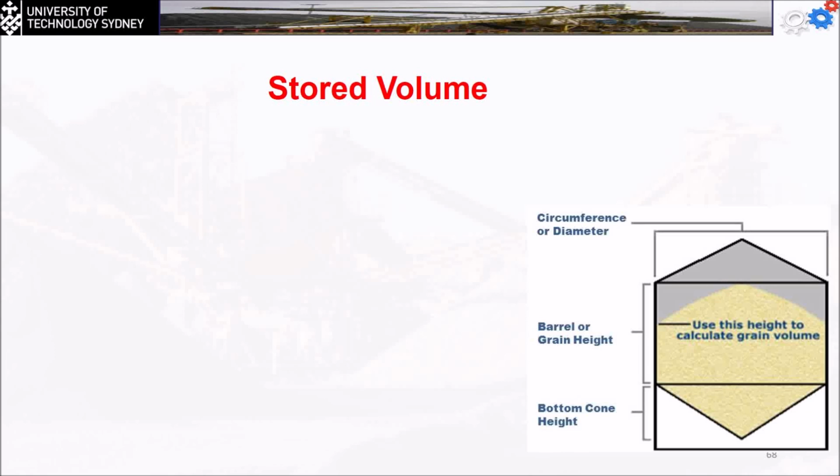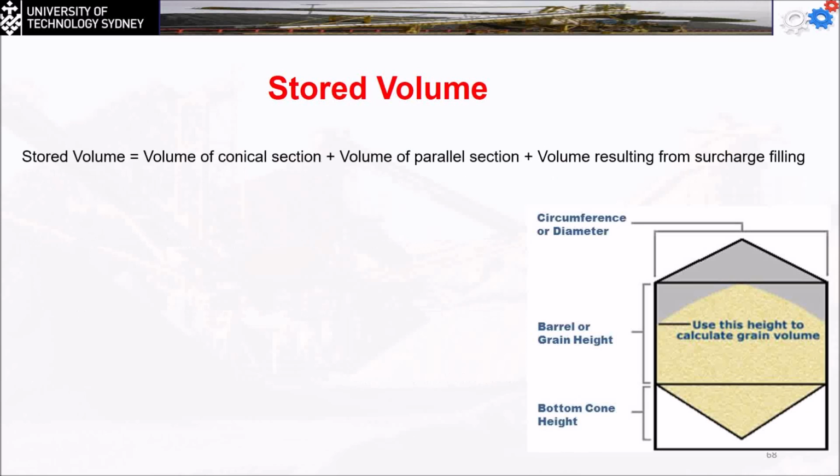So what we have is the stored volume is the volume of the conical section below plus the volume of the parallel section plus the volume resulting from the surcharge filling. Or the volume is going to be pi multiplied by 24 divided by the tangent of theta multiplied by the d cube minus the dc cube, the diameter of the conical shape, plus pi divided by 4 d squared multiplied by h, plus pi divided by 24, the tangent of beta.